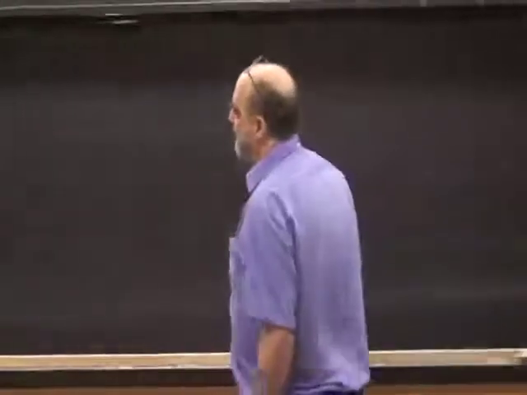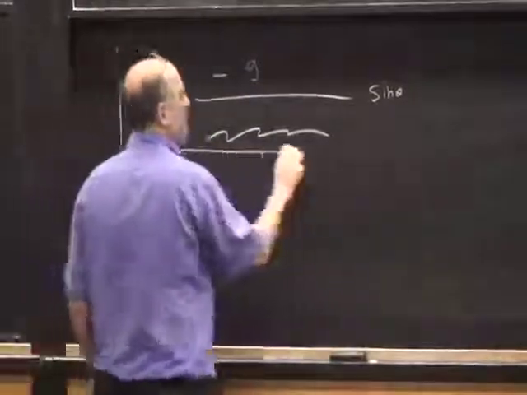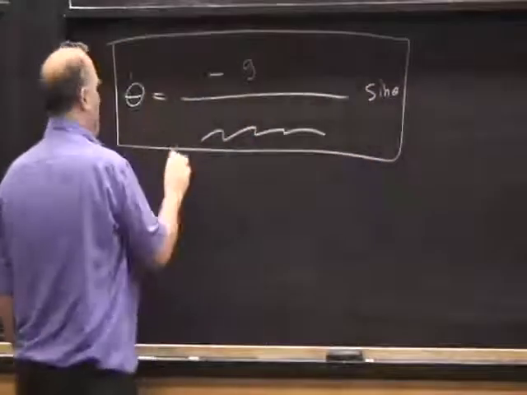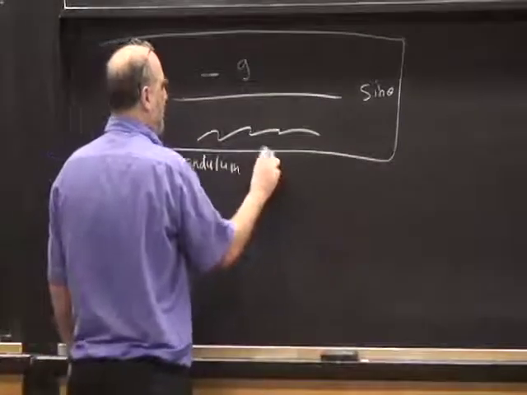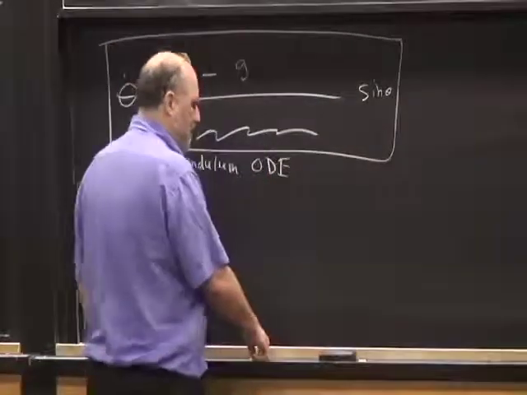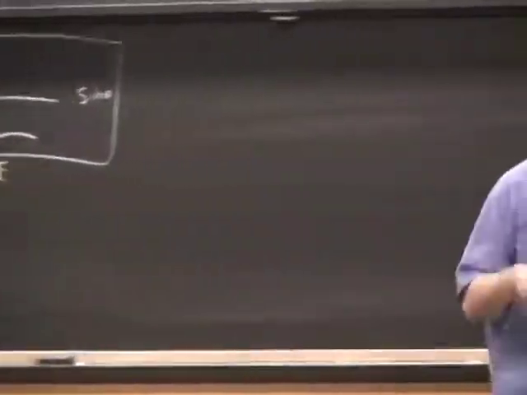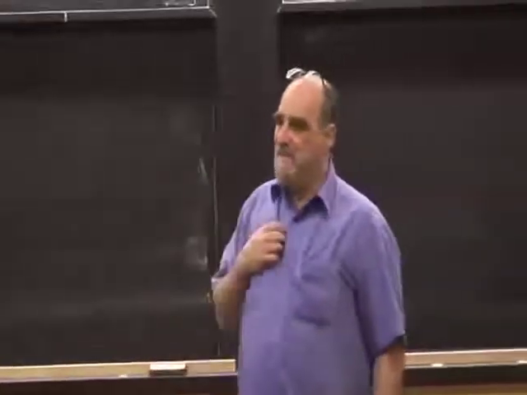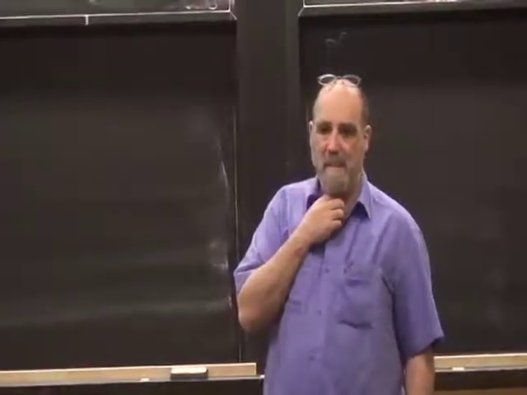The key is that we're left here with the pendulum equation. So not unexpectedly, this has the same differential equation as a pendulum. Certainly rocks back and forth like a pendulum. It's just that the coefficient of the sine theta is different than for a pendulum. Any questions about this?